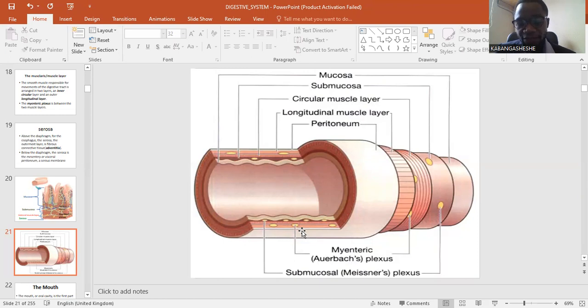So the peritoneum covers the outer part of the digestive tract, and therefore we call it serosa. But we don't have peritoneum in the chest and in the neck region. So we call that outer connective tissue covering adventitia, but the function is the same and the structure is similar.